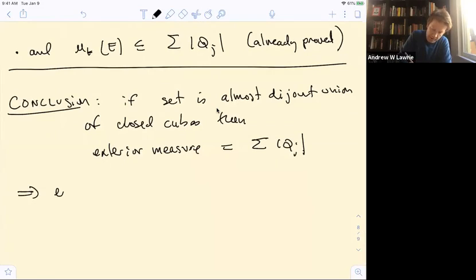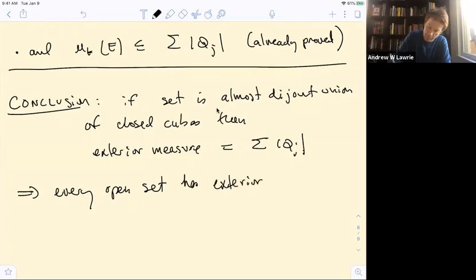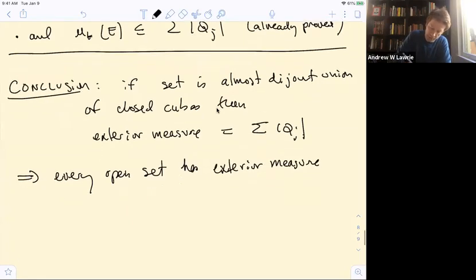This implies that every open set has exterior measure given by such a formula, right?